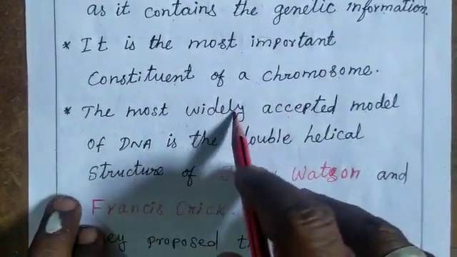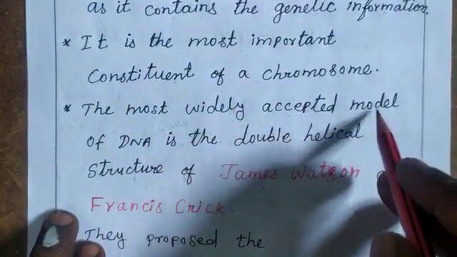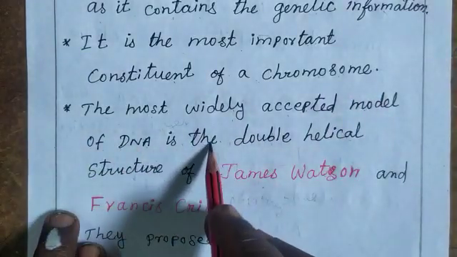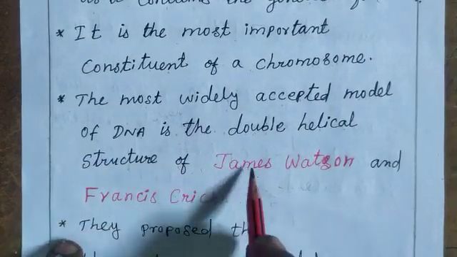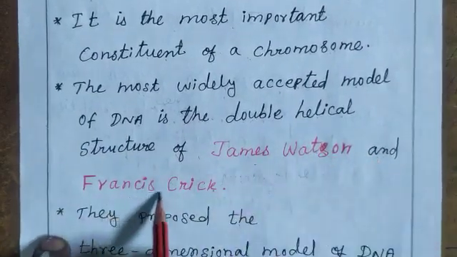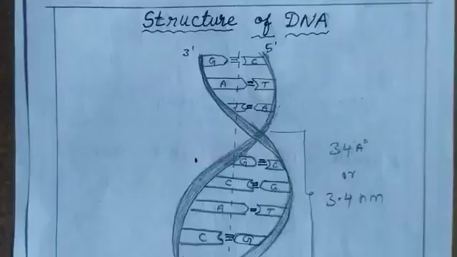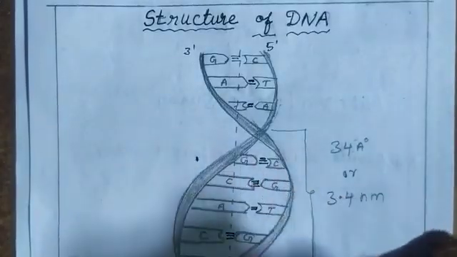The most widely accepted model of DNA is the double helical structure of James Watson and Francis Crick. This is the double helical structure of DNA.